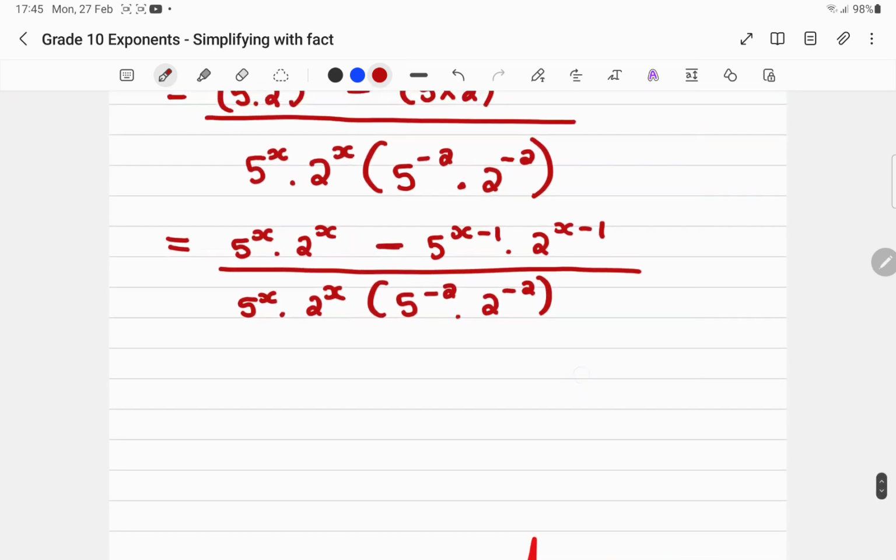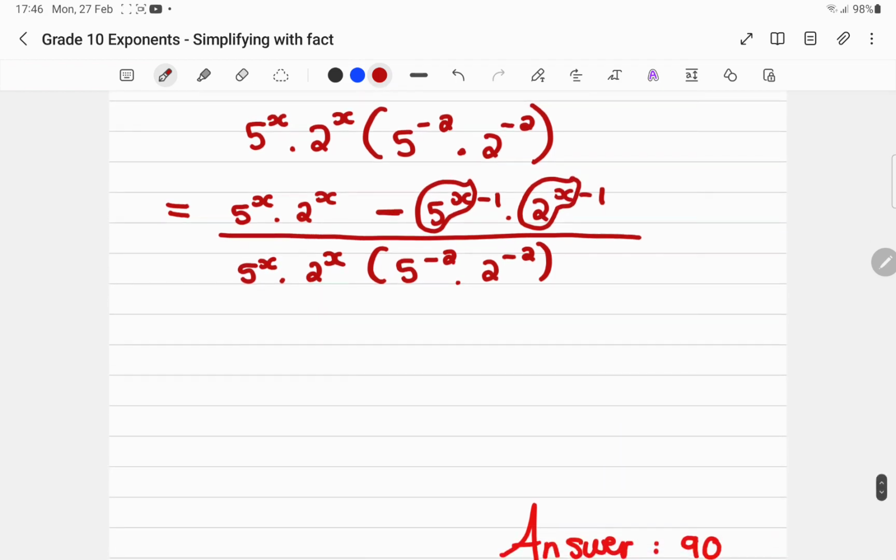Okay, so lots of writing. Can you see if I split them? I can also take out 5 to the power x, 2 to the power x. So let's rather rewrite. It's going to take a long time to write, but let's do it. 2 to the power x minus 5 to the power x times 5 to the power negative 1 times 2 to the power x times 2 to the power negative 1.